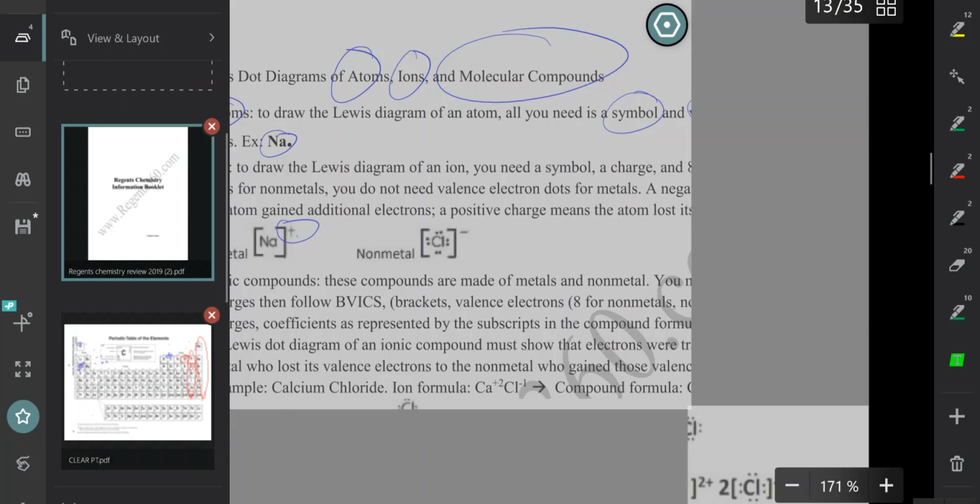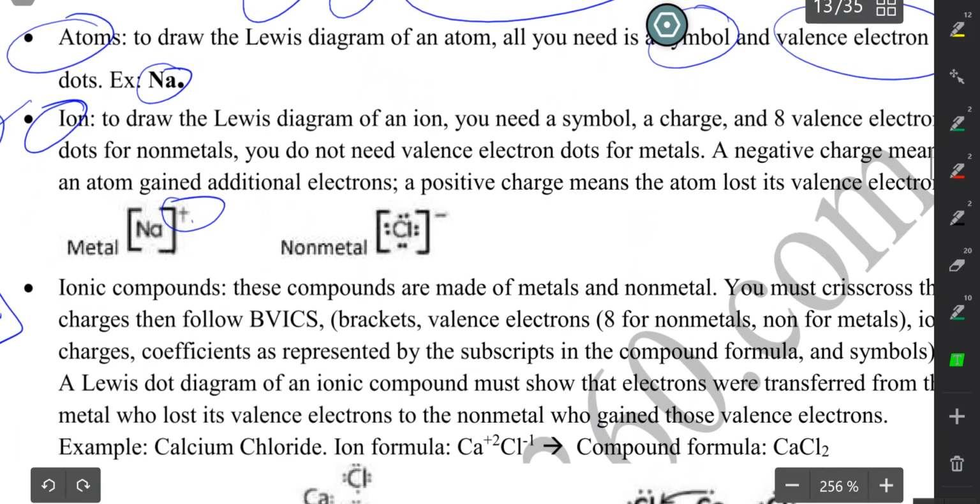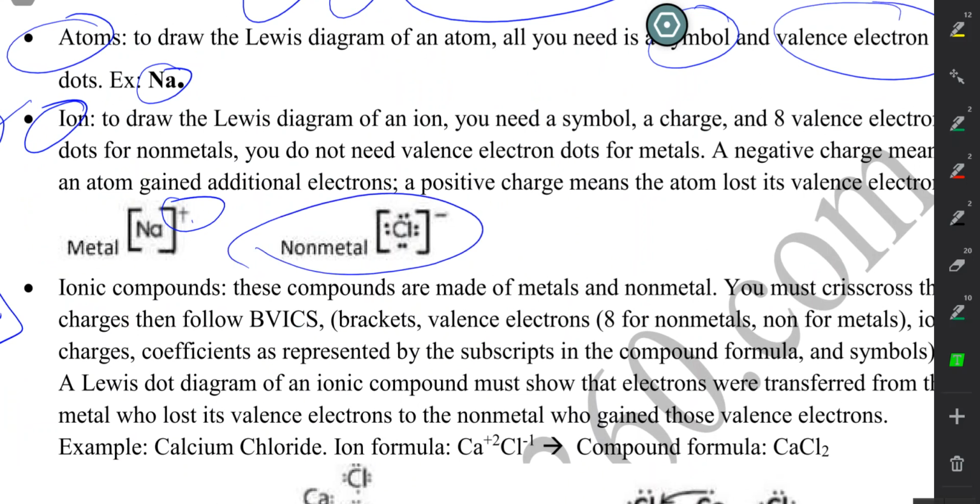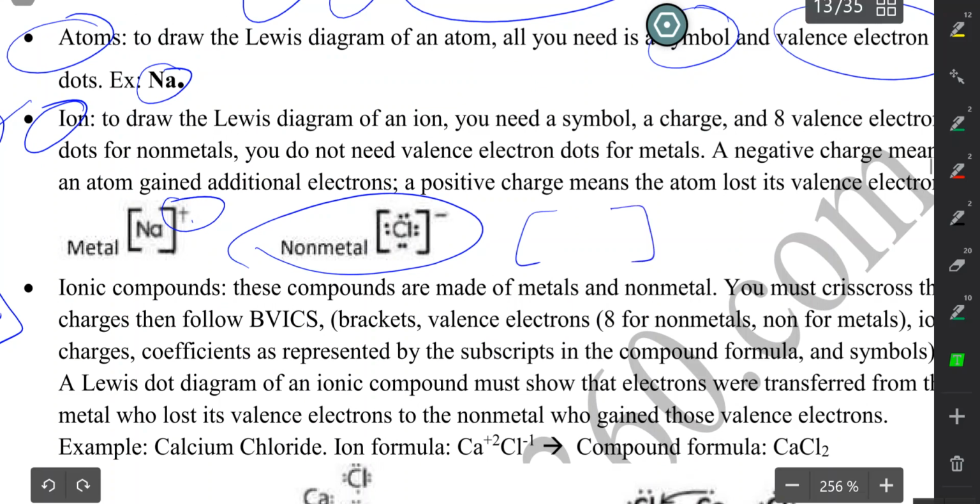Moving on. If I ask you to draw the Lewis dot diagram of a non-metal ion, for example, draw the Lewis dot diagram of a chlorine ion, then you still need the brackets, you still need the symbol, but now you're going to have 8 dots around the chlorine.